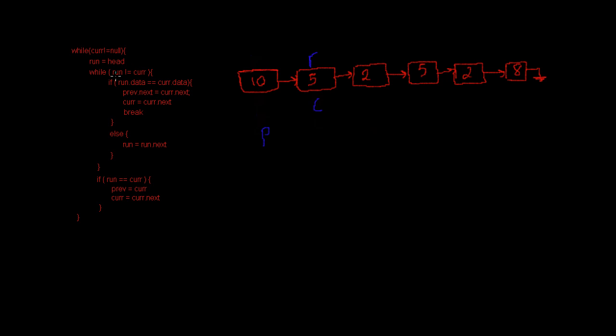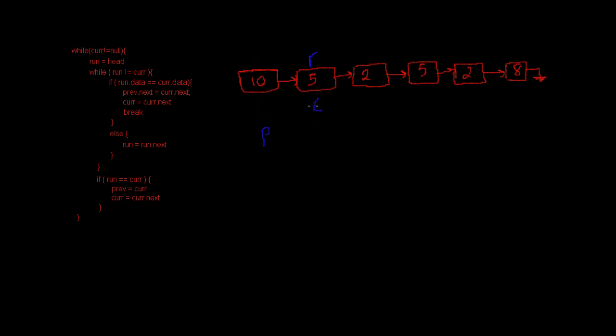When we go back to the inside while loop, we're going to see that runner and current are pointing at the same node. So in that case, we're gonna get out of this while loop and go to this if statement. Are runner and current equal to each other? We say yes, they are equal to each other.